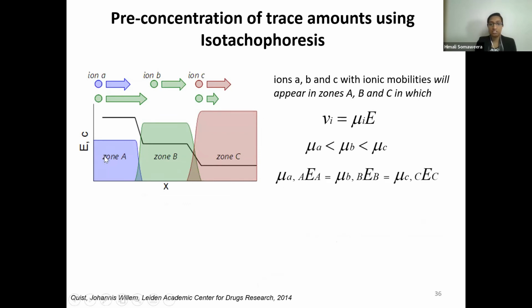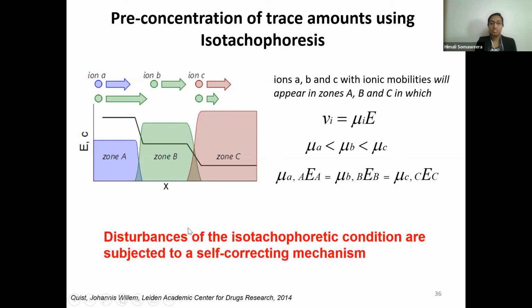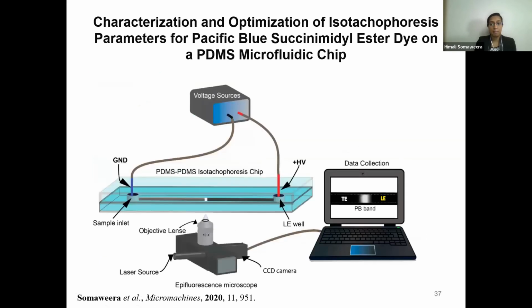They all go at the same velocity, even though their electrophoretic mobilities are different. And when you apply an electric field, if you disturb the isotachophoresis conditions, it can still self-correct. That's the main advantage of this method.